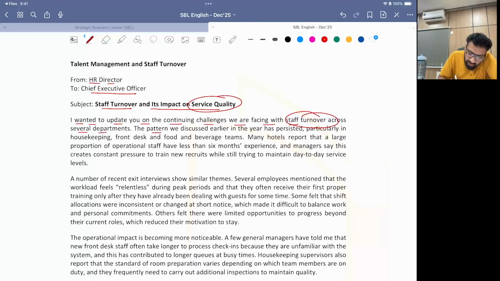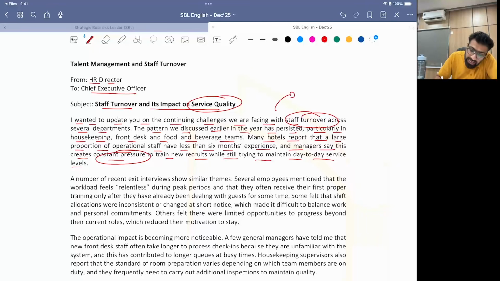Several departments. The pattern we discussed earlier in the year has persisted, particularly in housekeeping, front desk, and food and beverages team. Many hotels report that a large proportion of operational staff have less than 6 months' experience, and managers say there's constant pressure to train new recruits while trying to maintain day-to-day service.